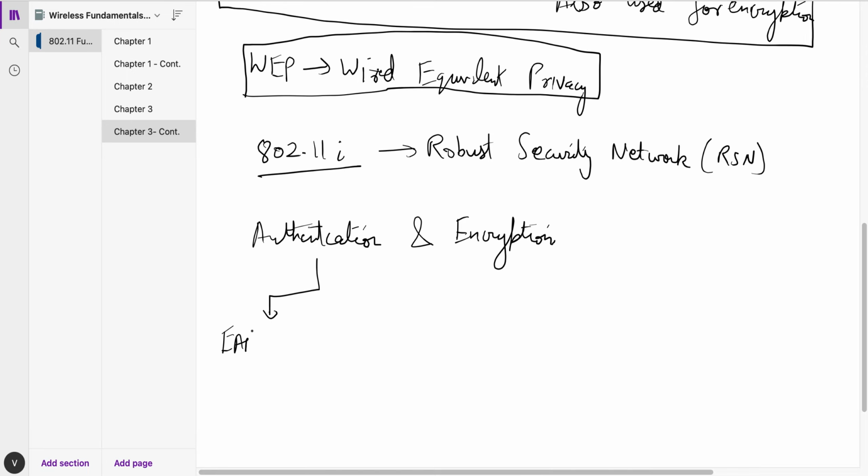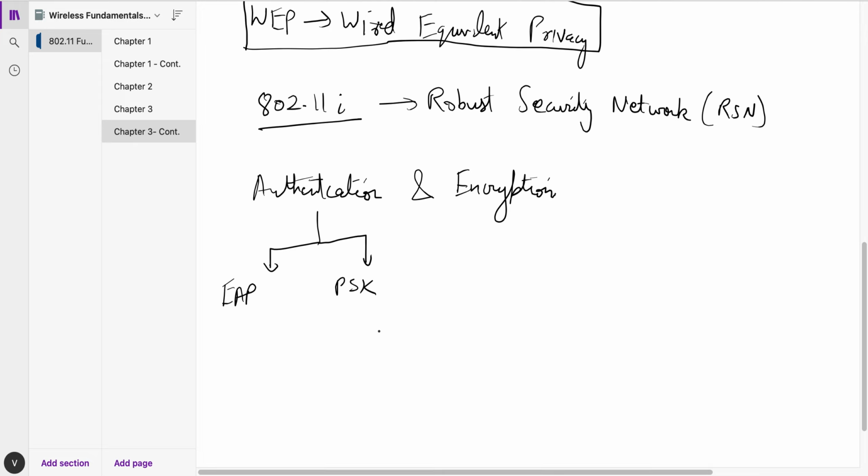One was EAP authentication, extensible authentication protocol. Second is PSK authentication, pre-shared key authentication. We will discuss more about these two authentications in future videos, but for now, we'll just stick to this in brief.